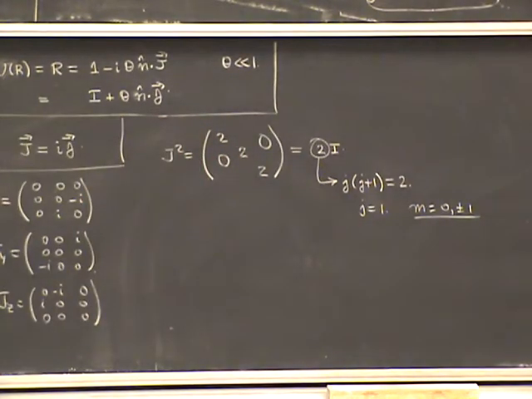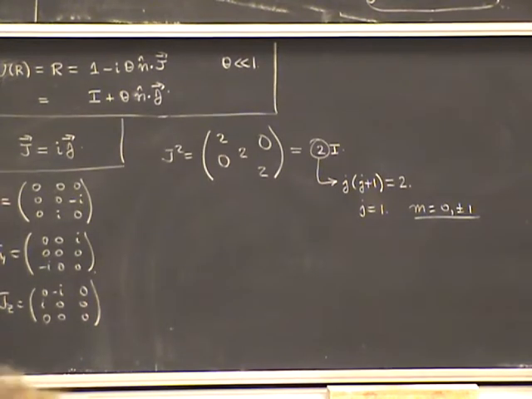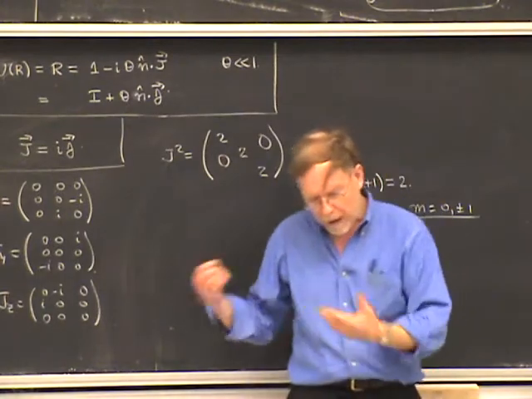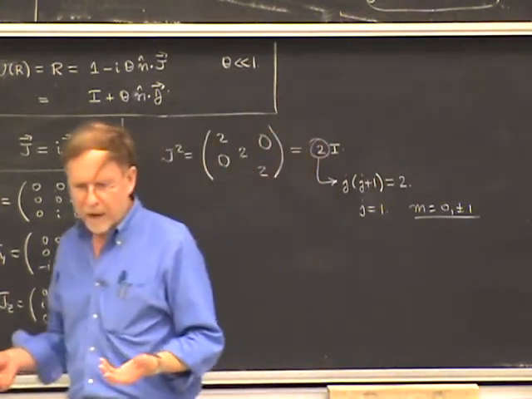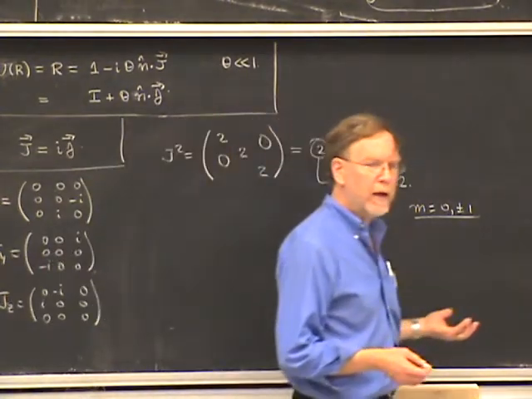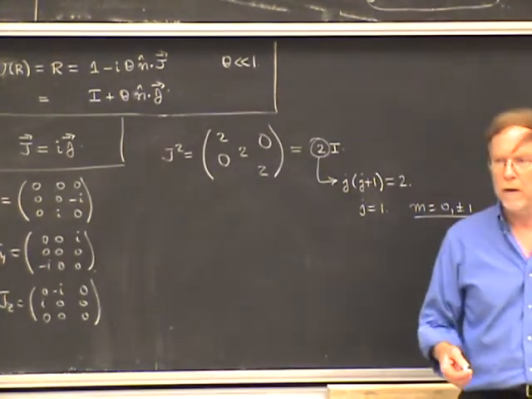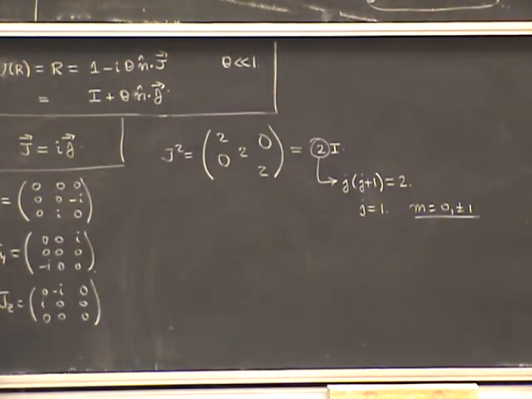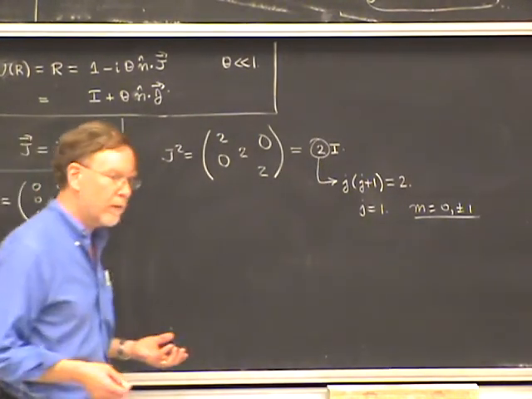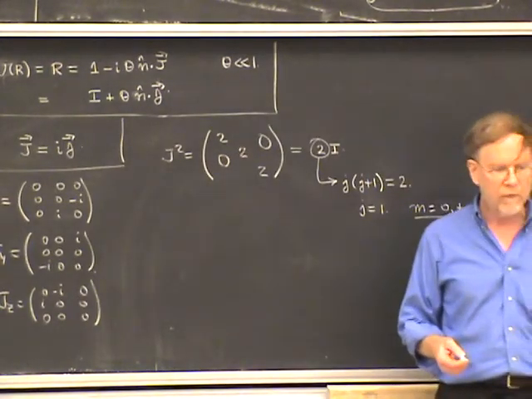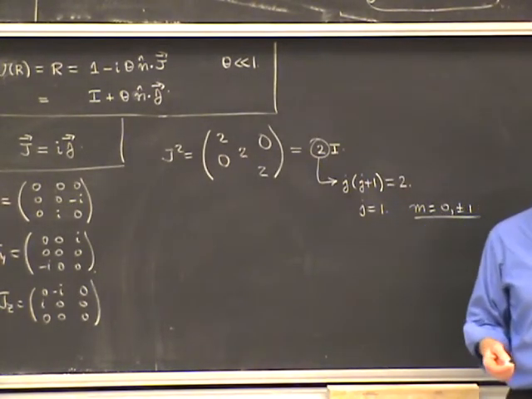Now, this is responsible for the fact, and we'll elaborate on this as we go, why vectors, ordinary vectors or vector operators, are oftentimes associated with an angular momentum quantum number of 1. Just to give you an example of this, the photon, which is associated with the vector potential of the electromagnetic field, is considered a vector operator, or a vector particle.